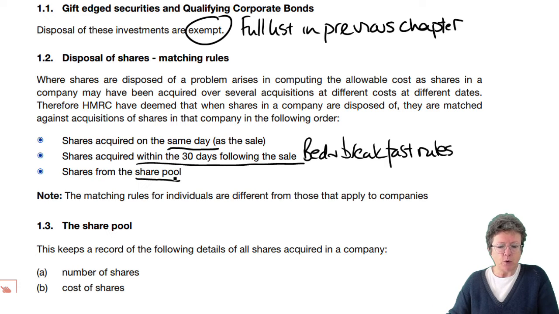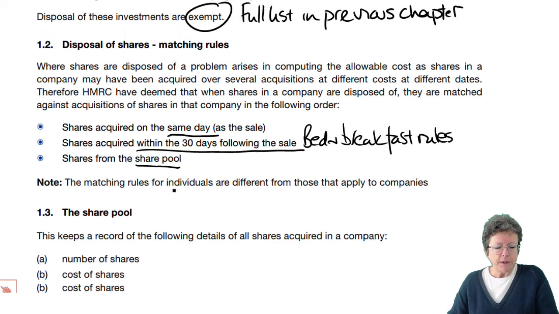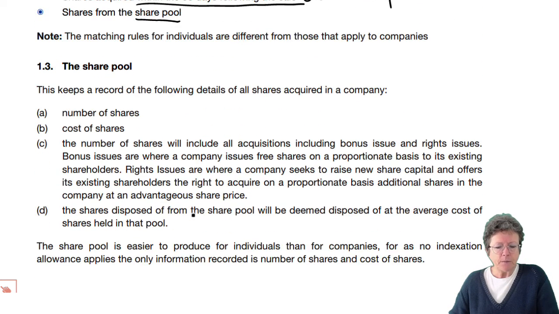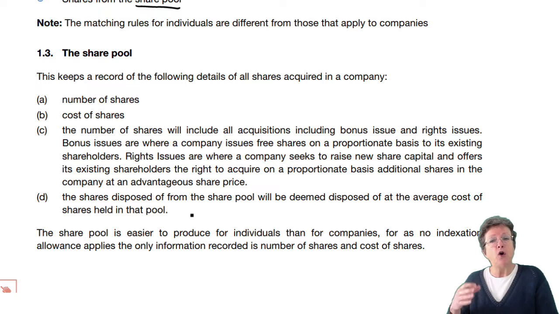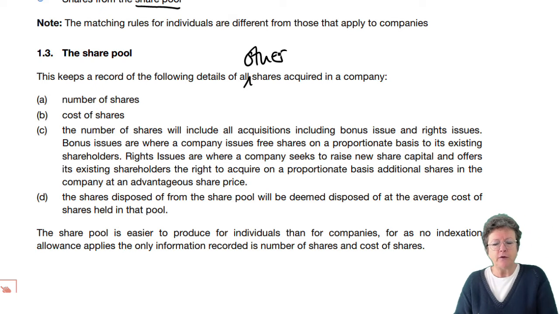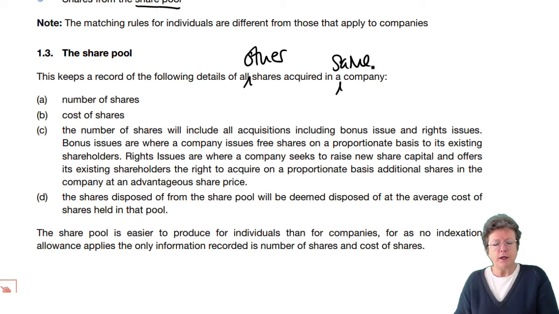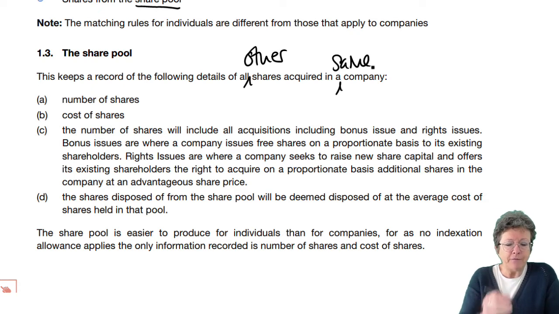Now, a share pool, the first two are quite easy to do. You either bought some on the same day or you didn't. You either bought some in the next 30 days or you didn't. But in the share pool, this is a record of all the other shares that weren't bought on the same day or the next 30 days that have been acquired in that same company. So it's the same company and the same shares. So it will have various columns.